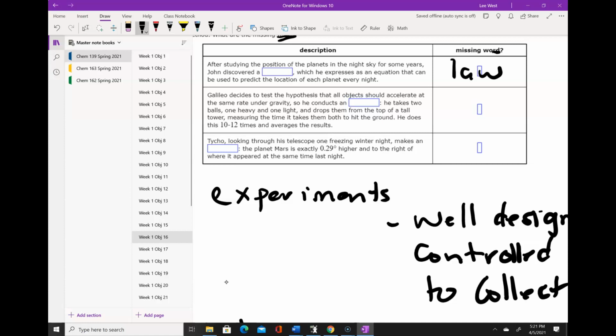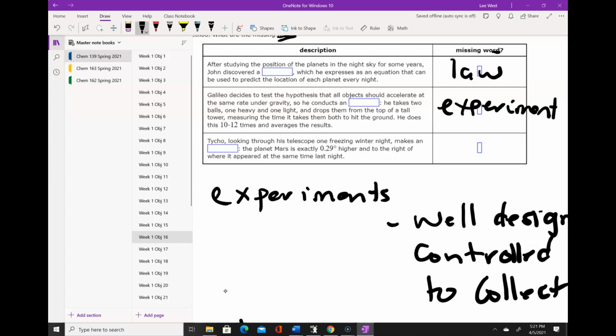Galileo decides to test the hypothesis that all objects should accelerate at the same rate under gravity. So he conducts a something. Well, there's really only one thing it can be, and it's got to be an experiment. Right? Because theories, hypotheses, laws, and observations are not conducted.